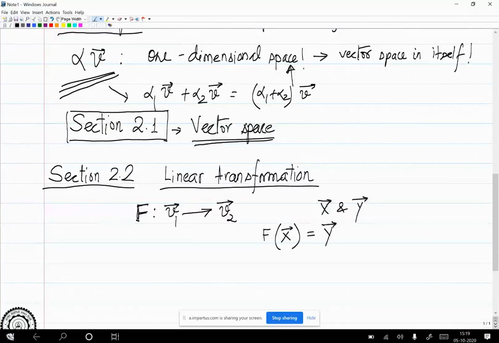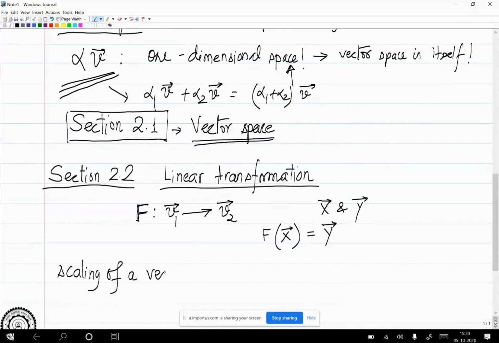Can you think of any such physical transformation? So scaling up or down. Scaling of a vector, yes, that is also a linear transformation. Very good. Scaling of a vector basically, that's a very good example.